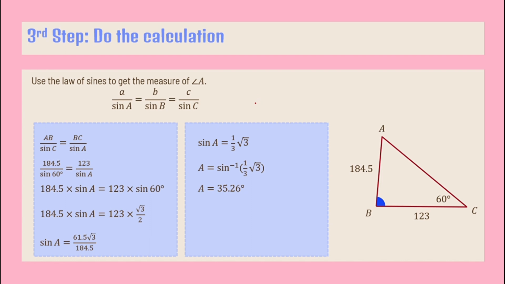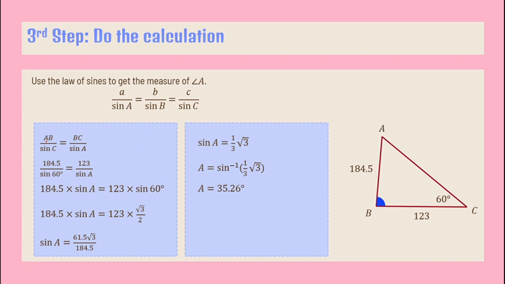But first, to use the law of sines, we must know what side and angle are matching to the formulation. We have two side lengths, side AB and side BC. And we also have the measure of angle C. Then, we can do the calculation with formulation AB over sine of C equals BC over sine of A. And then, we substitute all related values.